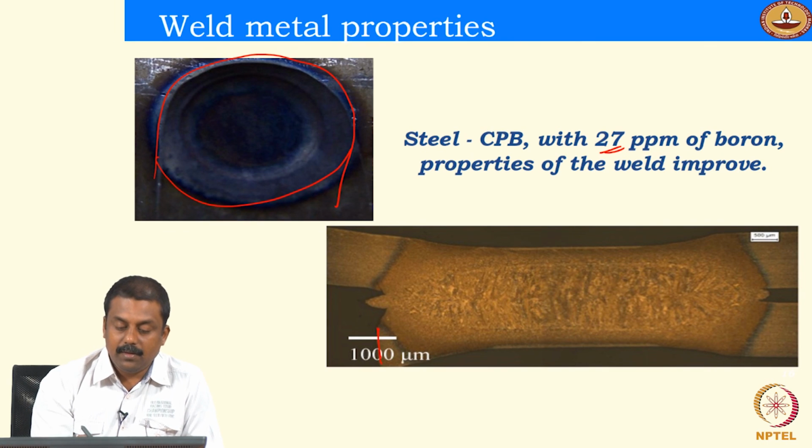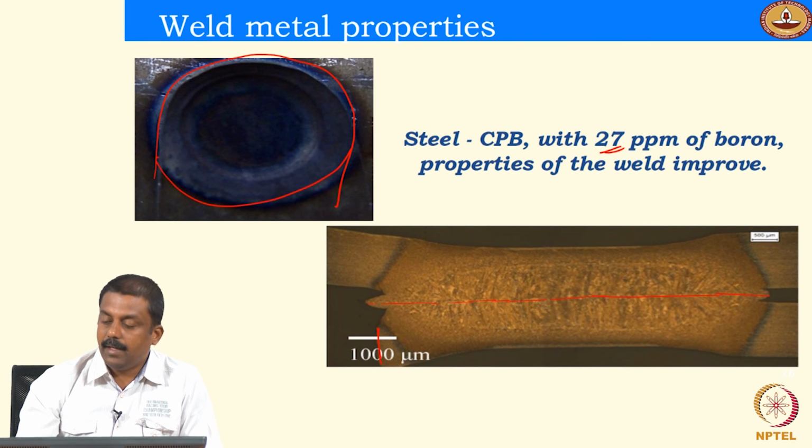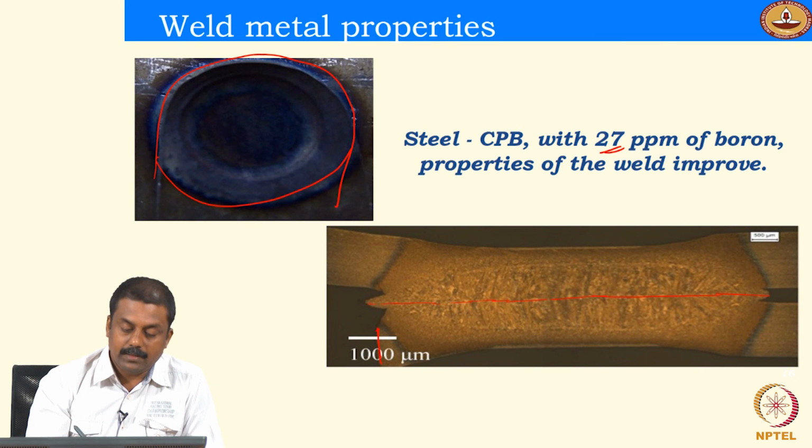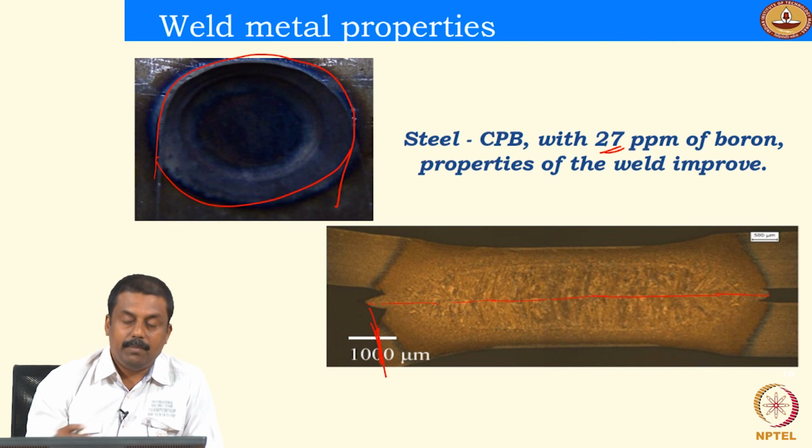So that means that with the addition of boron, the center line segregation of phosphorus is minimized, and so when you have a tensile testing, we found that the crack is actually formed along this edge and then propagated in the heat affected zone itself. That means that the weld properties are even better than your base material property.